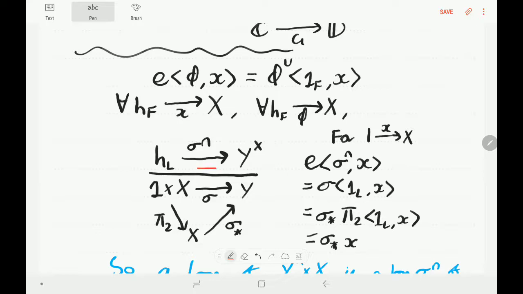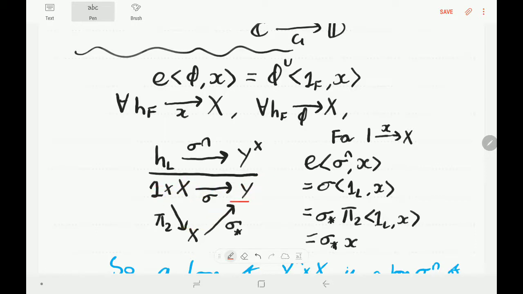Okay, so we've been really sort of exact about this. We'd say, well, a loop of x is a point of x. A loop of y to the power of x, a point of y to the power of x, technically corresponds to a function from 1 times x to y.